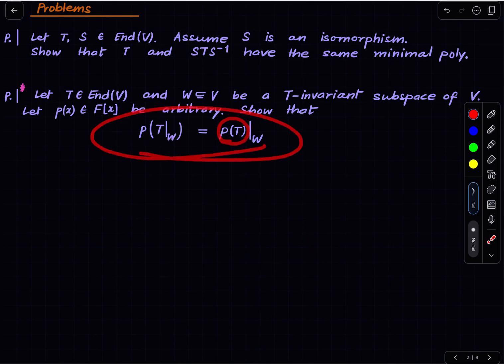So anyway, just read this and you will get what I'm trying to say. But this deduction is very, very simple. Okay.